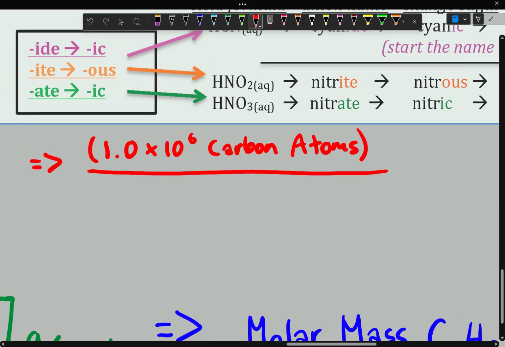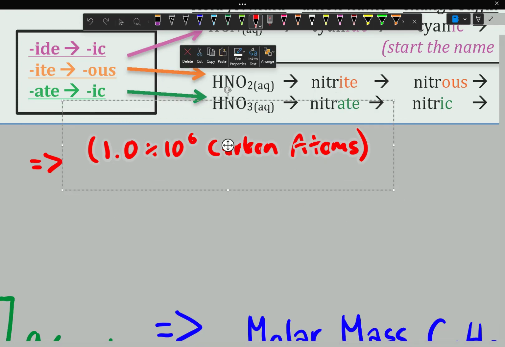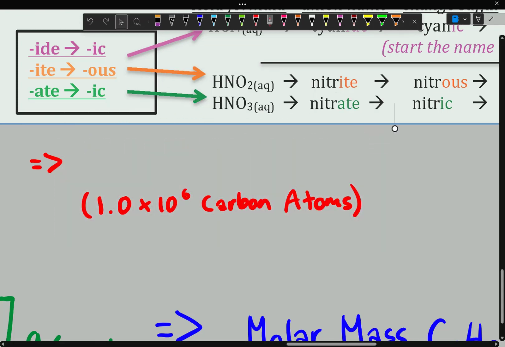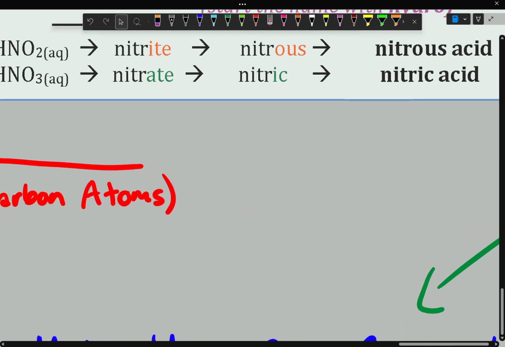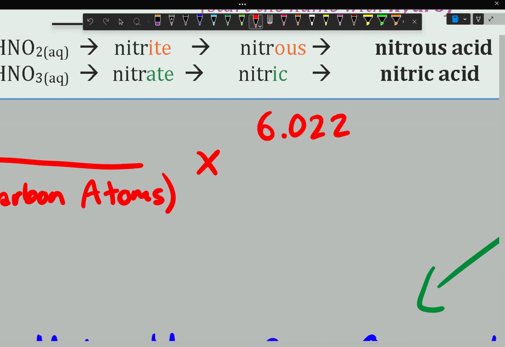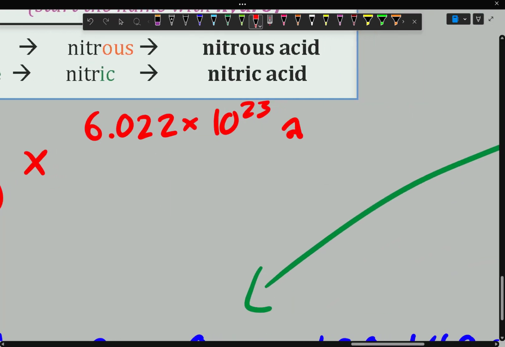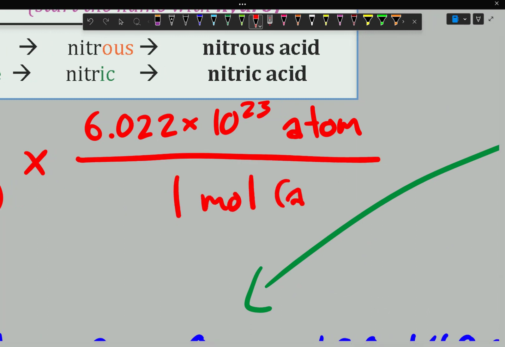And what we do is put these carbon atoms on the denominator because we want moles, and we multiply that by Avogadro's number with the appropriate unit. So 6.022 times 10 to the 23rd atoms over 1 mole of carbon.